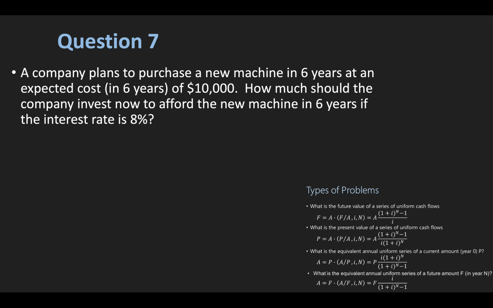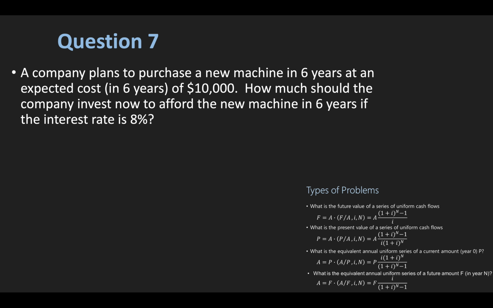So what the company wants to do is basically purchase a new machine in 6 years. Like you, right? Maybe like you guys, I want to buy a car in 6 months, I want to buy a house in 5 years. Now you should start saving money, right?